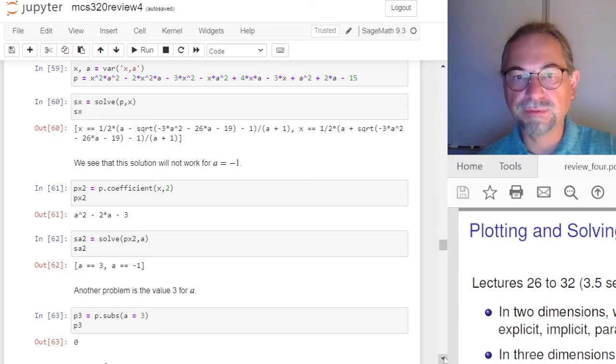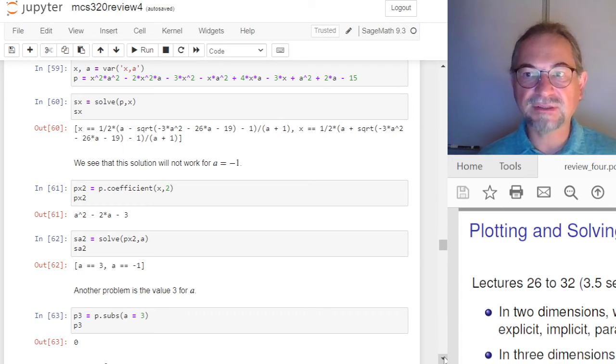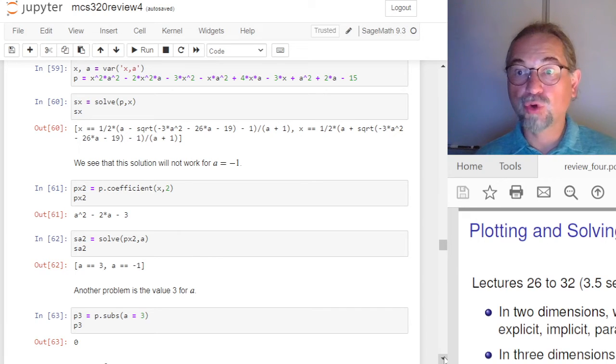So if you would rewrite the polynomial as a polynomial in x and factor the coefficients, which are then coefficients in a, then you would actually see the difficult spots.